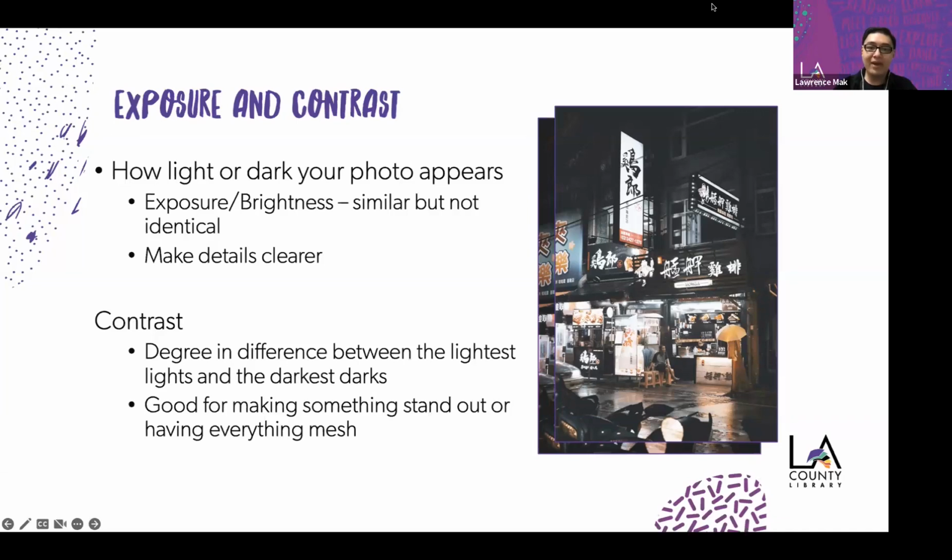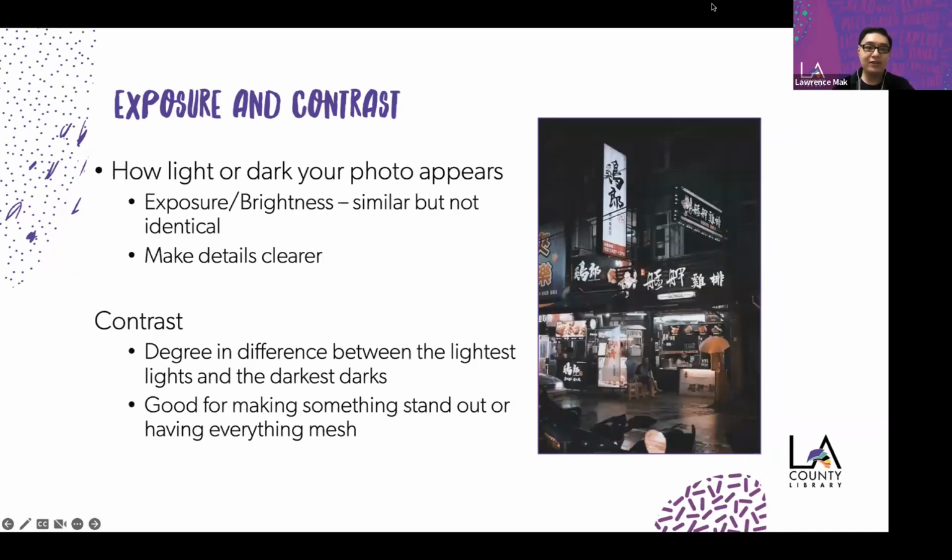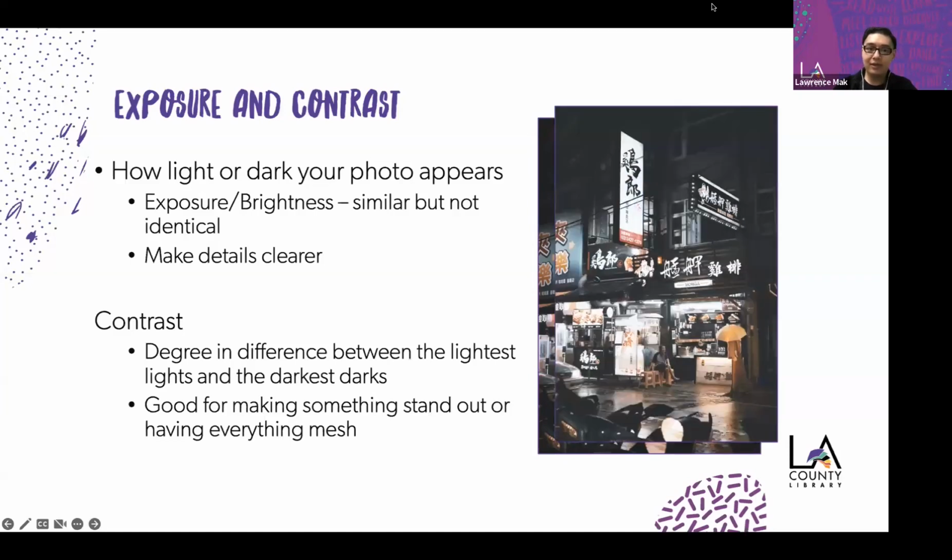So I'm going to move back. As you can see, this is the original image of a night street view. Then once I increase the brightness and contrast by a significant amount, it looks more vibrant. So the lights in the image are more clearly contrasted. Everything seems to pop more.